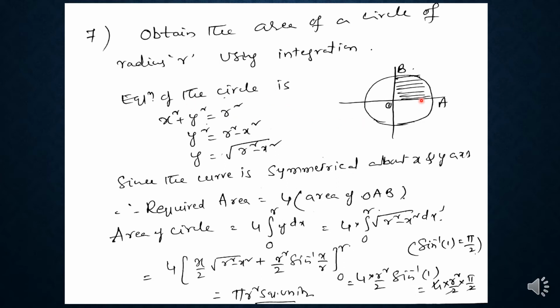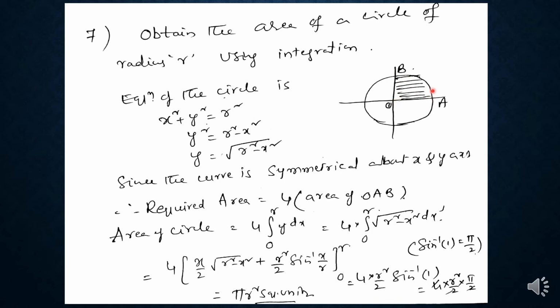If we take the figure of the circle, this is the center (0, 0), and OA is equal to OB, which is equal to the radius. We have to find the total area of this circle, all 4 parts. Instead of finding these 4 parts at a time, we can find the area enclosed between the curve, that is the circle, and the x-axis, and the two lines x is equal to 0 and x is equal to r.